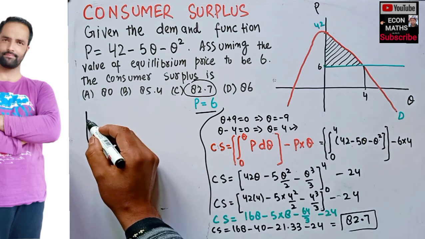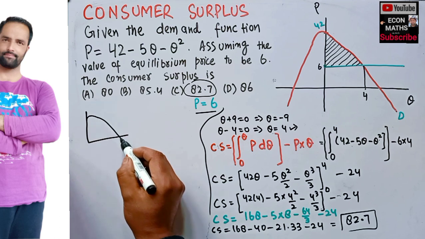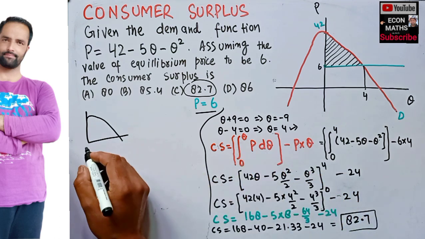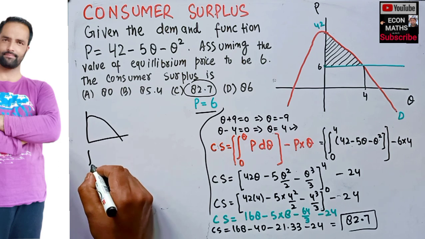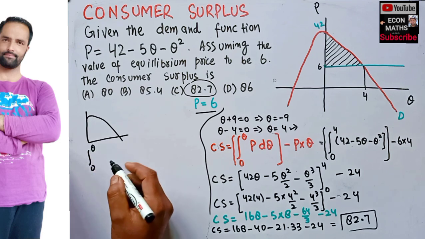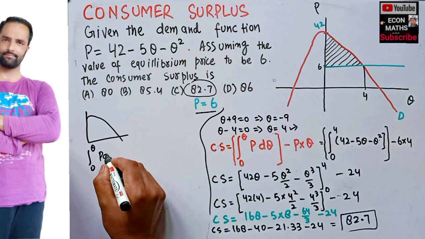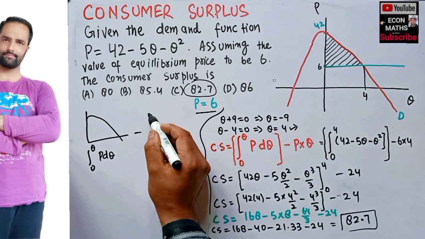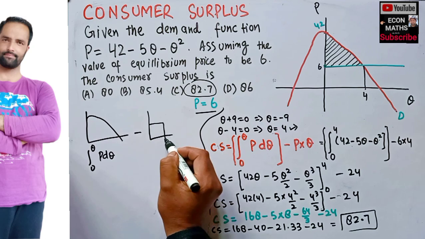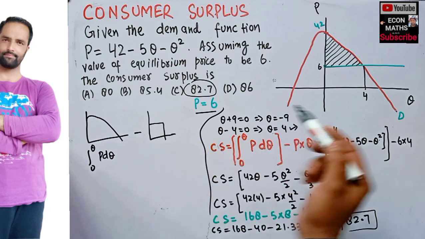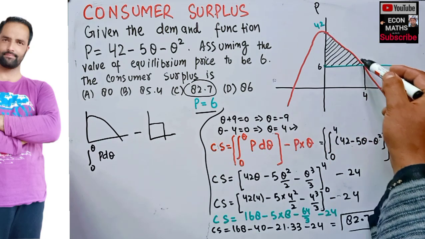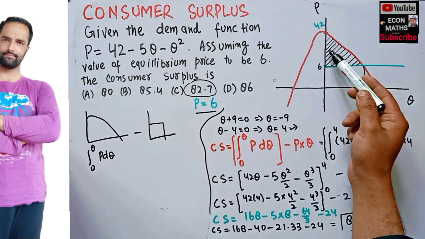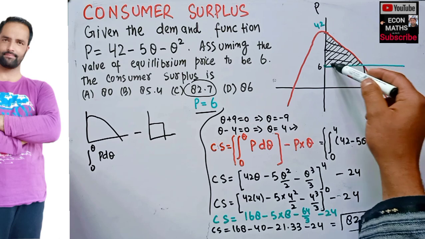So this is being corroborated by this very term, that is the integral from 0 to equilibrium quantity of p dq. To this we subtract the total expenditure, that is this region. So first we find out the area of this whole region. From this we subtract this region, we get this shaded region, which is our consumer surplus.